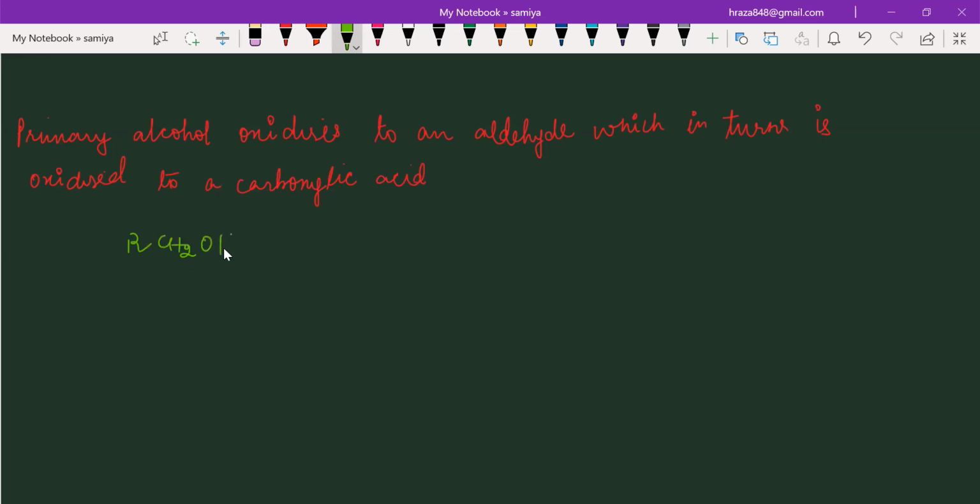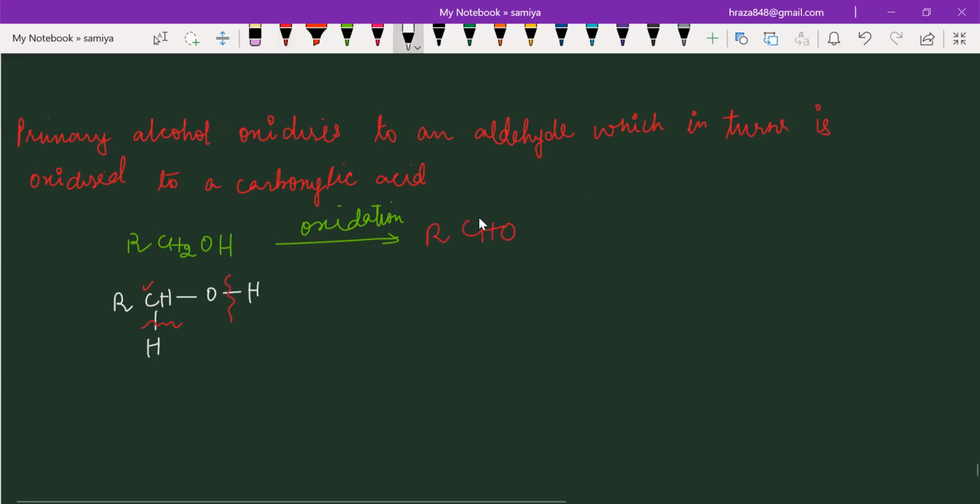If you have RCH2OH, that is alcohol, and you oxidize it, see what happens. Whatever I explained, there must be hydrogen with this carbon and with O. So it will be converted into RCHO, aldehyde.